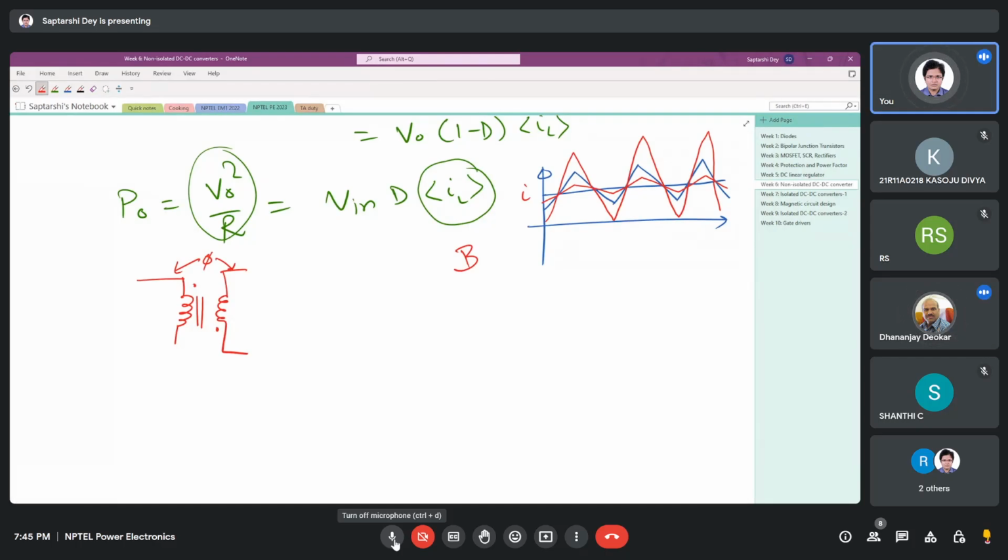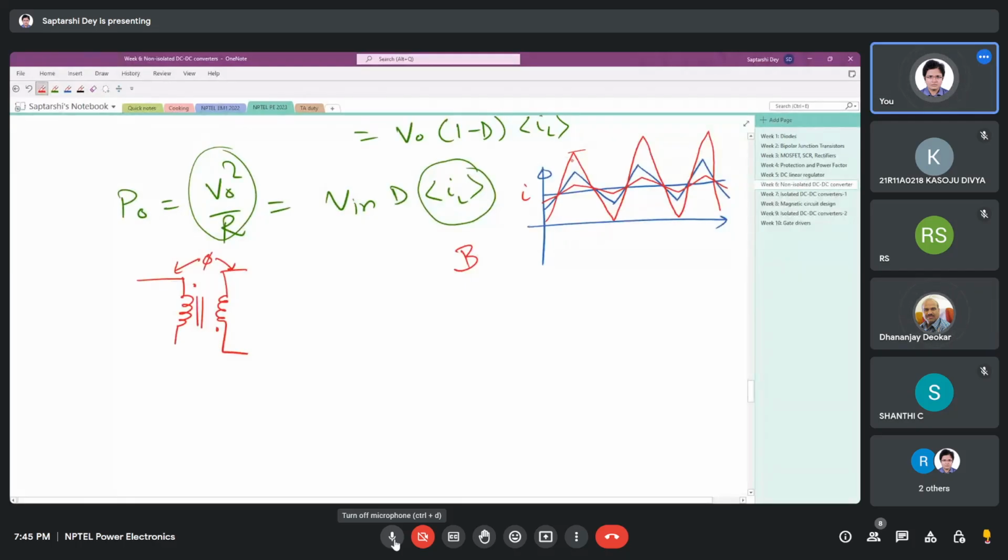Now the rest of the thing comes from the inductor design. The inductor design comes from this only. So if you are going for a low frequency or a low value of inductor, you are forcing the flux to be very large.